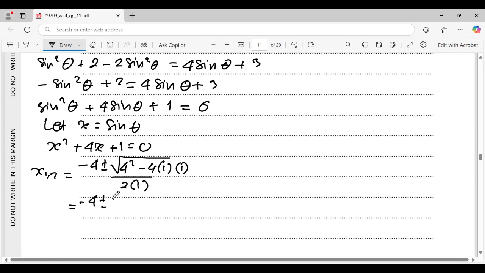That's minus 4 plus or minus square root 12 over 2. So 12 is 4 times 3, which means 2 square root 3.